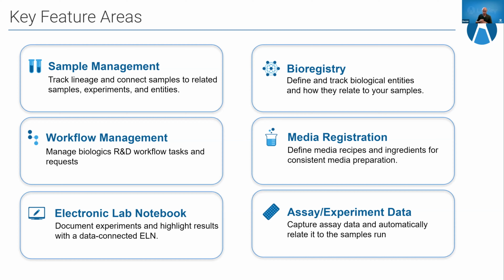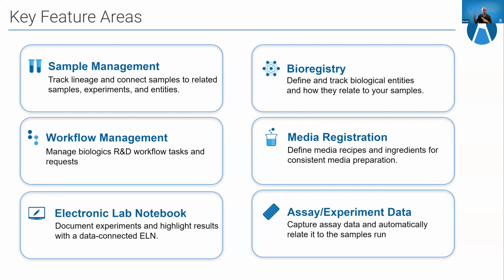This, of course, closely relates to the next feature up there, which is our bioregistry. Here, you can define and track the various entities that are important to you. This includes registration of molecular entities, such as molecules, several sequence types, vectors, constructs, compounds, plus any others that are relevant to your research.